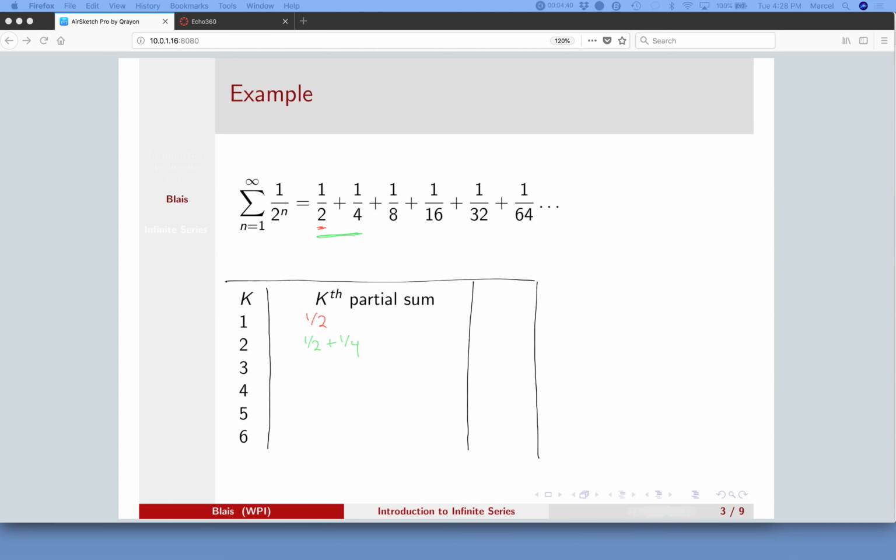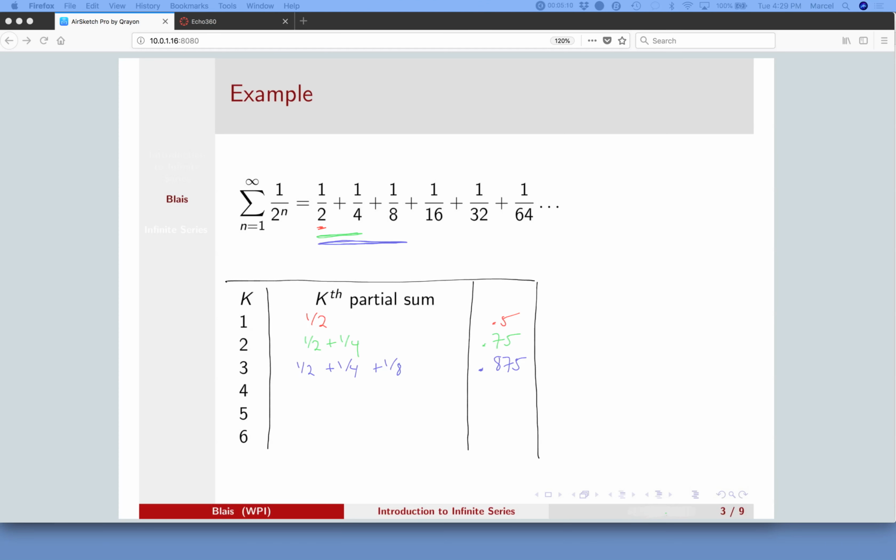Our third partial sum, a half plus a fourth plus an eighth. And why don't we write these in decimals? This third partial sum would be 0.875. The second partial sum is 0.75, and of course the first partial sum is 0.5. So those are our first three partial sums.